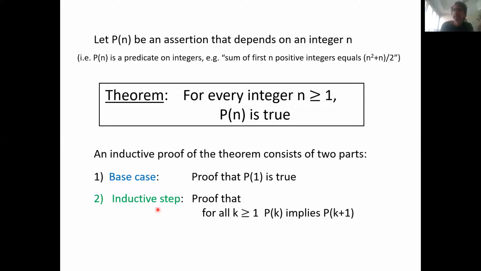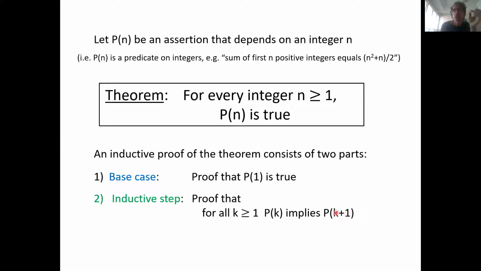The inductive step of the proof is a proof of an implication. The implication is that for any integer k greater than or equal to the initial threshold, the following statement is true: if predicate P holds about k, then it holds about k plus 1.